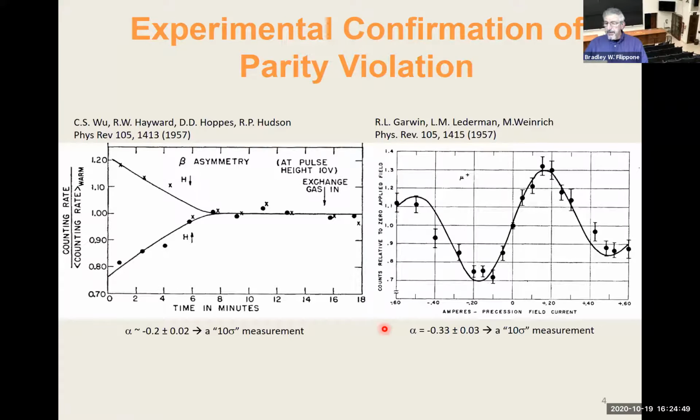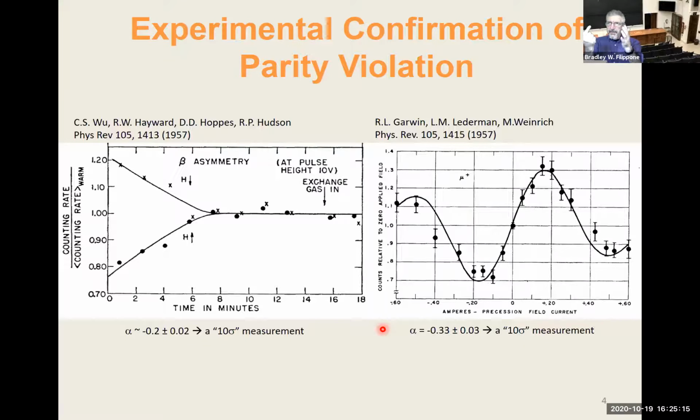A similar experiment was run with a muon beam, by Garwin and Lederman. The muon also decayed, and the detector was fixed, but the muon, when it stopped before it decayed, was in a magnetic field, and depending on the muon's magnetic moment it would rotate depending on the strength of the magnetic field.